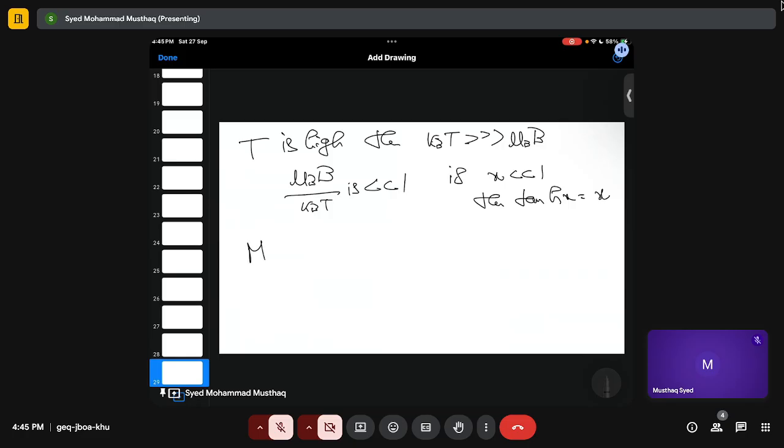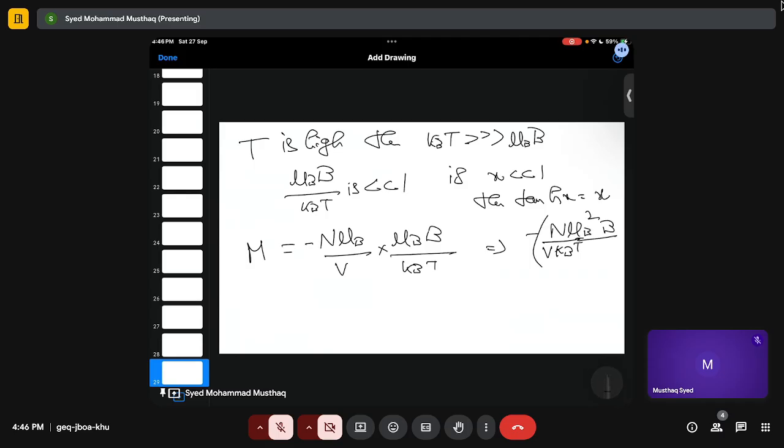Then my magnetization will be equal to minus n mu B upon V times mu B B upon kBT, which is minus n by V over kBT times mu B squared times B.